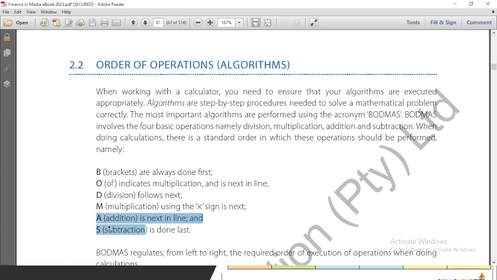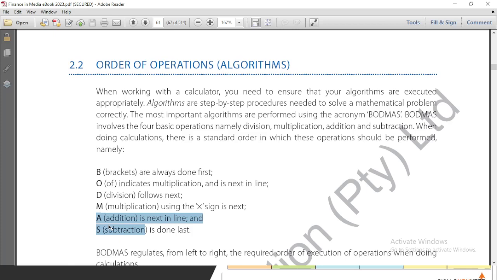For example, if you say 7 plus 5 minus 3, even if you start by saying 5 minus 3, you're going to get 2, and 2 plus 7, you're going to get 9. The same applies if you say 7 plus 5, you're going to get 12, minus 3, you still get 9. So the subtraction and the addition have the same weight.